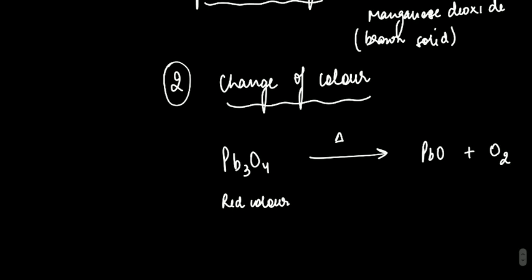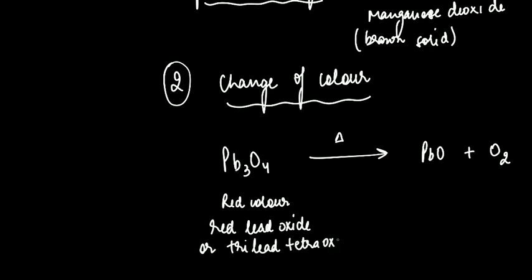We call it red lead oxide, or we can even call it tri-lead tetroxide. So this is solid in form. Again we are going to heat it and we get lead monoxide, which is yellow in color.